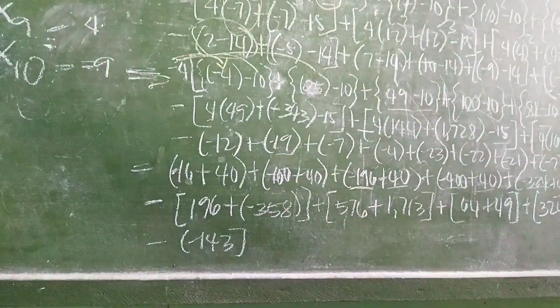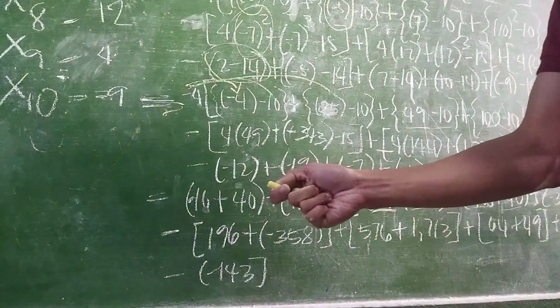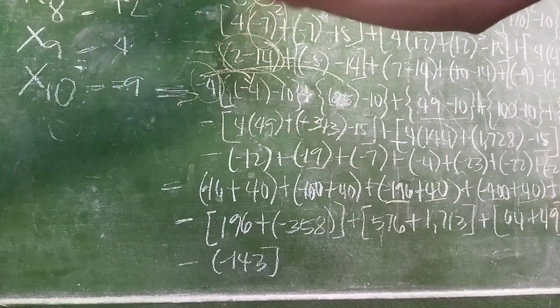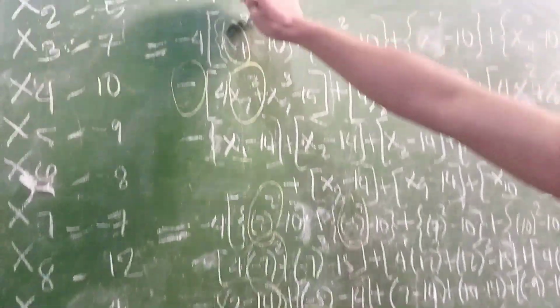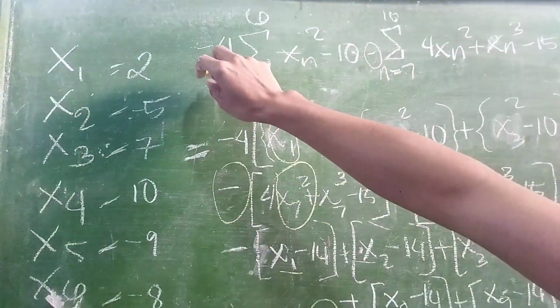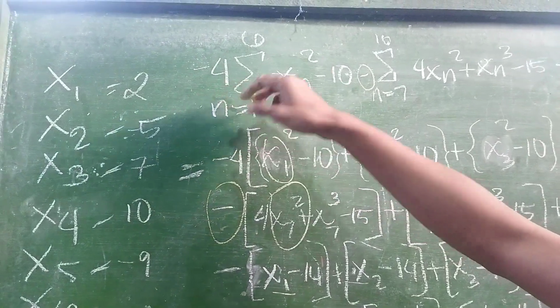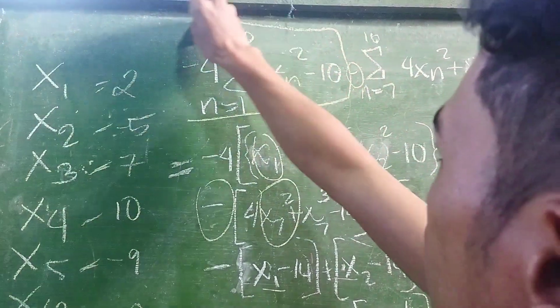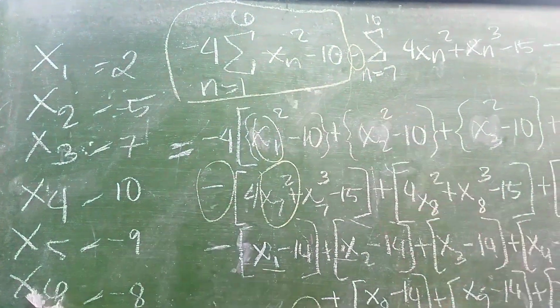Remember, you will just multiply this negative 4 to what is bounded by it in here. Okay.